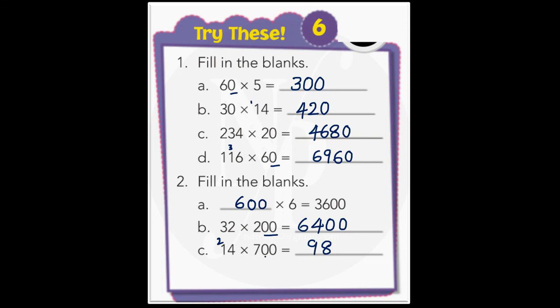And let's put 2 zeros to the right of the answer since we have 2 zeros in the number 700. Therefore, 14 into 700 is equal to 9800. So like this, multiplication by the numbers which are having zeros in ones place, tens place or hundreds place can be done very easily.